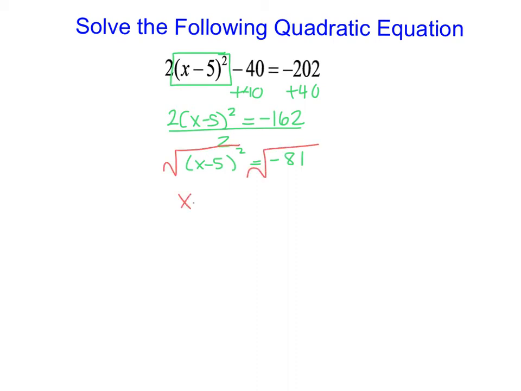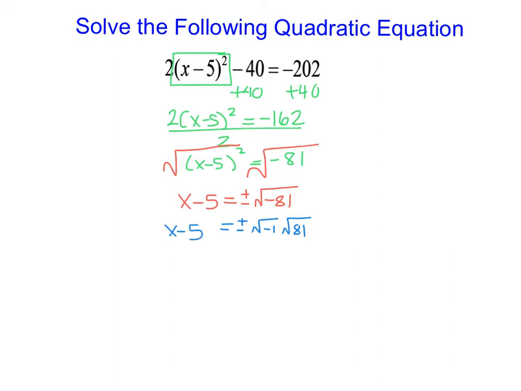So now in order to undo that squared, we need to square root both sides. So we have x minus 5, and remember, because we square rooted a squared, we have plus or minus the square root of a negative 81. Now from here, we know that we can simplify square roots that have a negative underneath as long as we rewrite them as the square root of negative 1 and the square root then of the positive version of that number.